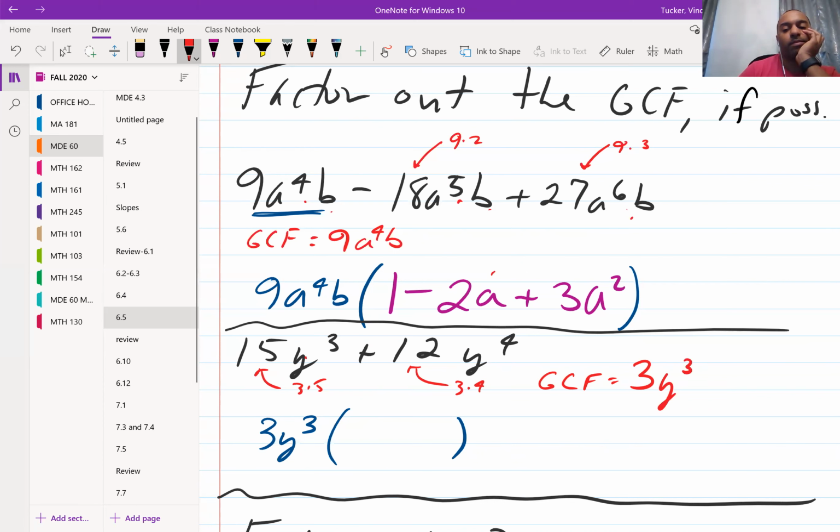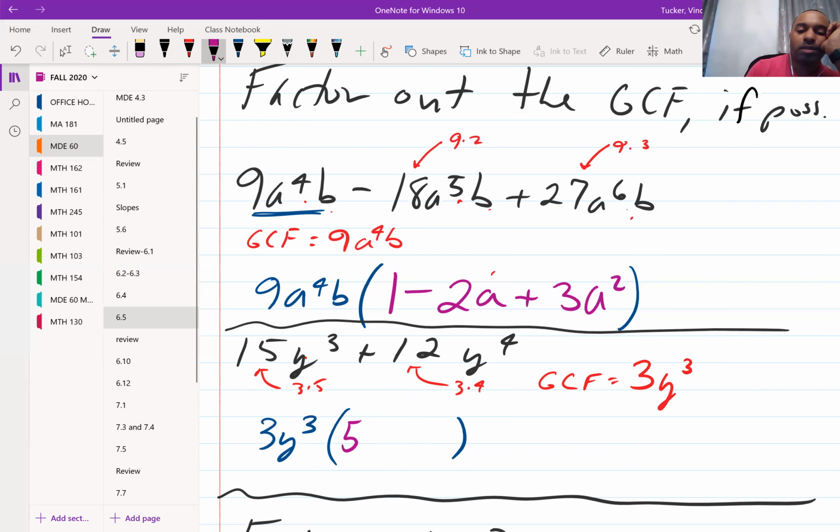So then you would get... Yeah, 5. So now that we've established our GCF, you ask yourself, once I pull or extract the GCF out of each term, what is left from each term? So we know out of 15, if I pull 3 out, I'm left with 5.